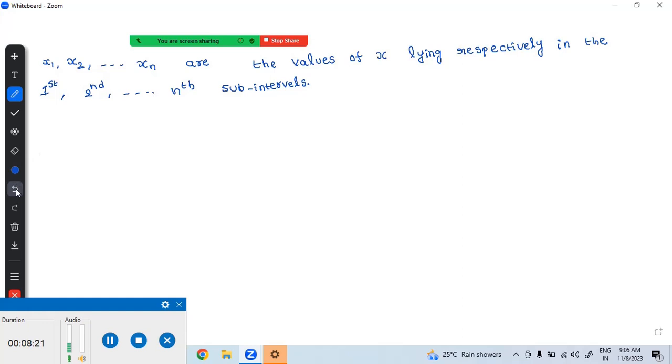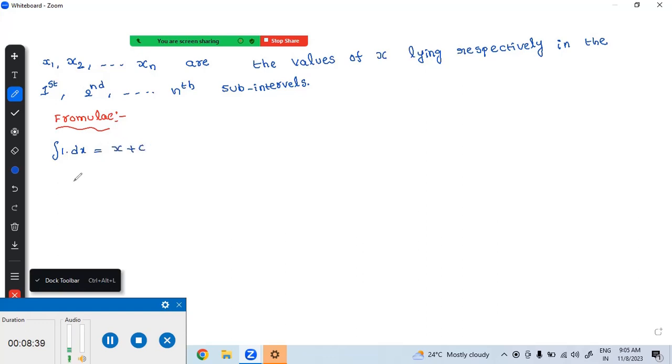Okay, the formulas. Some integration formulas: integration 1 dx is x. Integration x dx is x square by 2. Integration x square dx is x cube by 3.